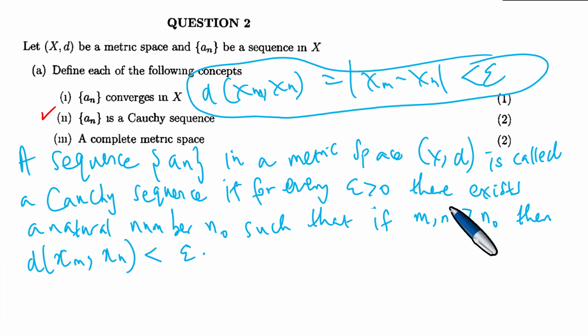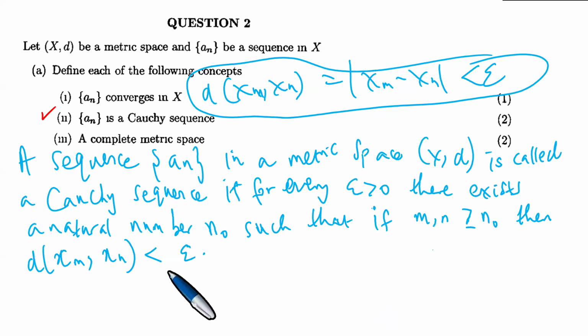Okay, so whenever m and n approach infinity, instead of saying m and n approach infinity, we say if for every epsilon positive, there exists a natural number n0 such that if m and n are greater or equal to n0, then the distance between xm and xn is smaller than epsilon.